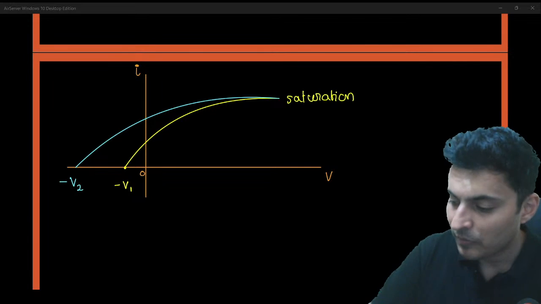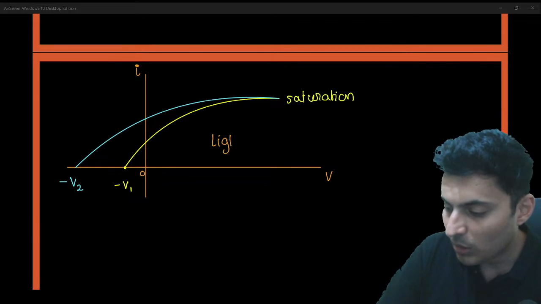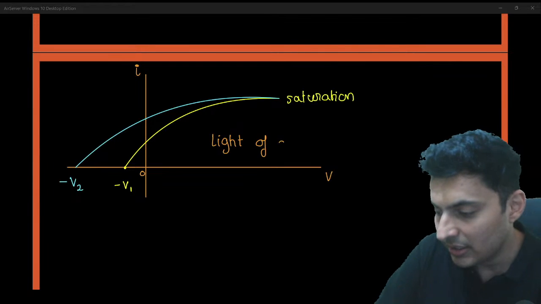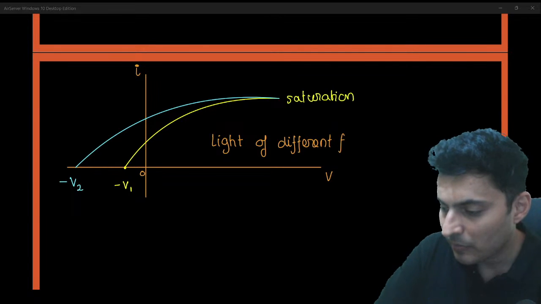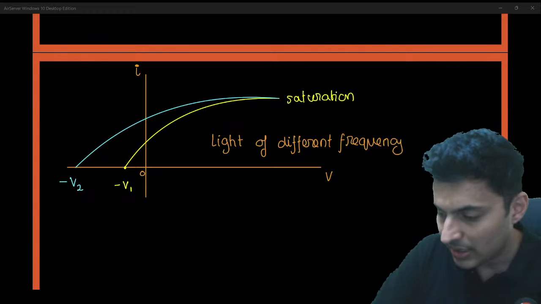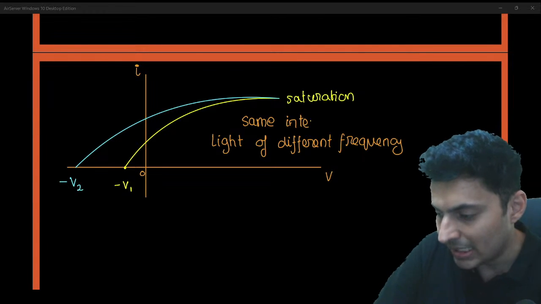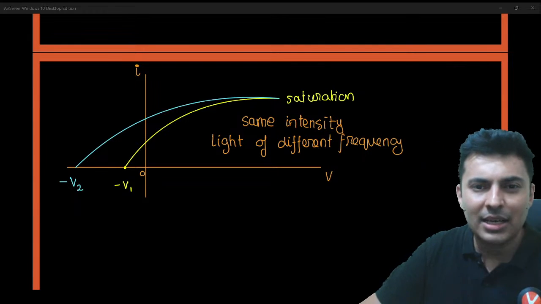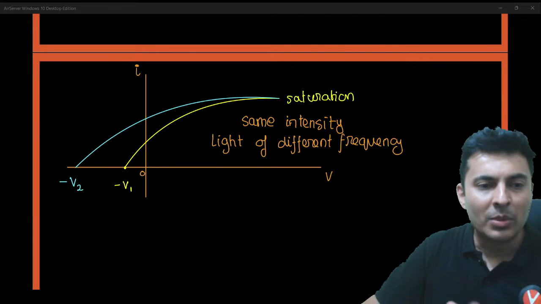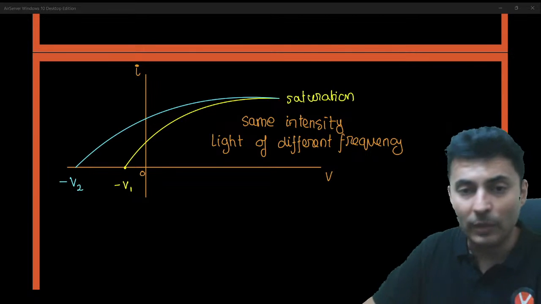So this is with light of different frequencies, but the same intensity. Because if intensity is the same, the current will be the same. Current will not change. The problem is only with the stopping potentials.